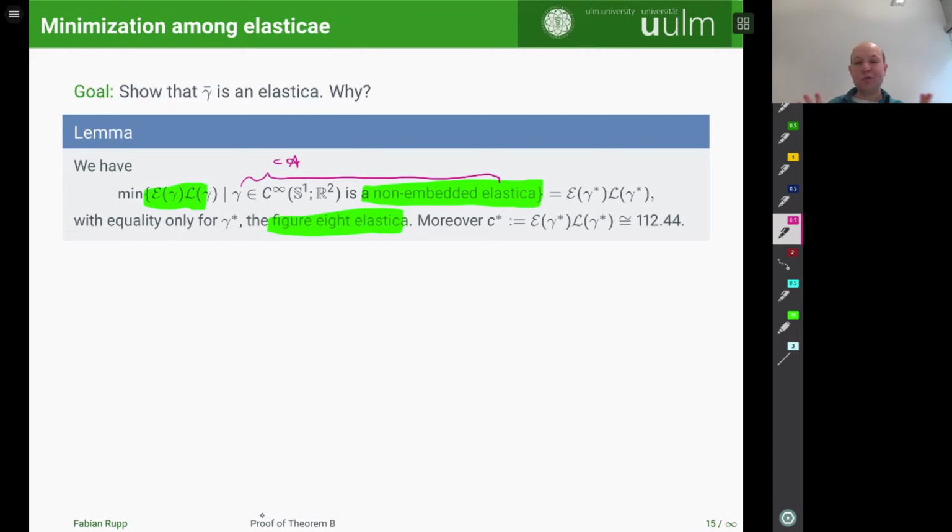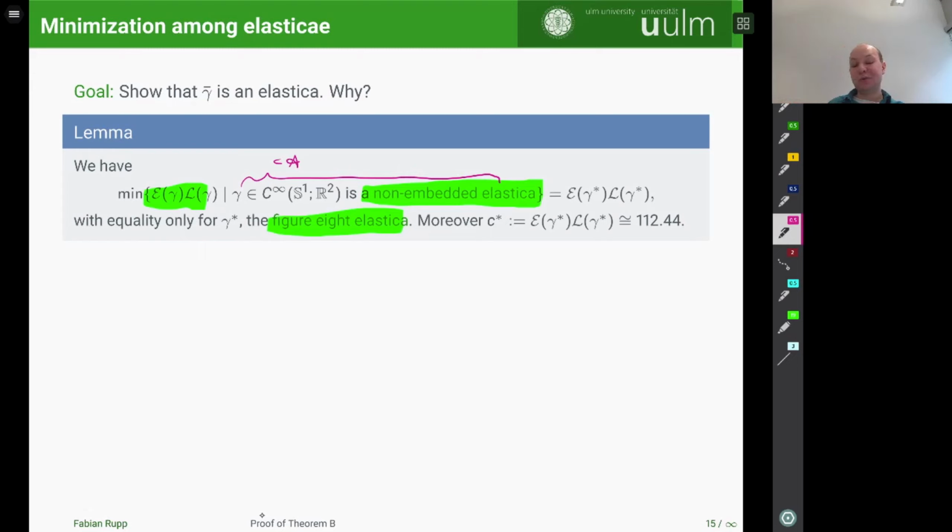I don't want to go too much into details of the proof of this lemma, but basically it only relies on the fact that closed elastica in R2 can only be the figure 8 and a circle and multiple coverings of those. And so the non-embedded ones can only be multiply covered figure 8s or at least twice covered circles.